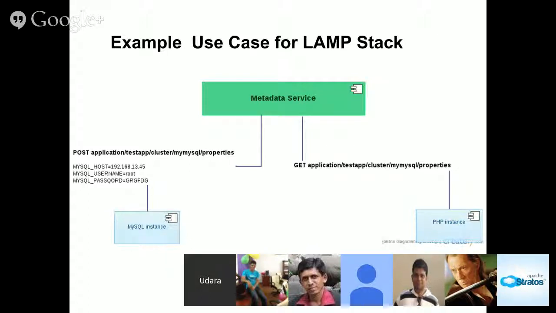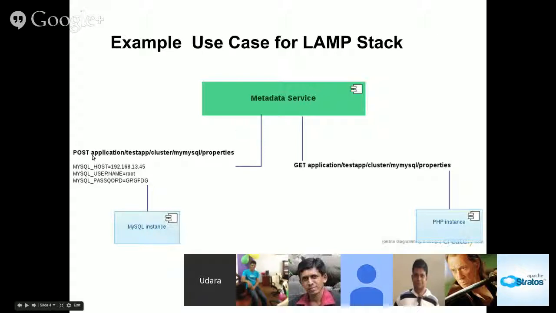There I have written a Python script to publish the MySQL connection properties, such as the IP of the machine, the MySQL username and the MySQL password, to the metadata service using the metadata service REST API.